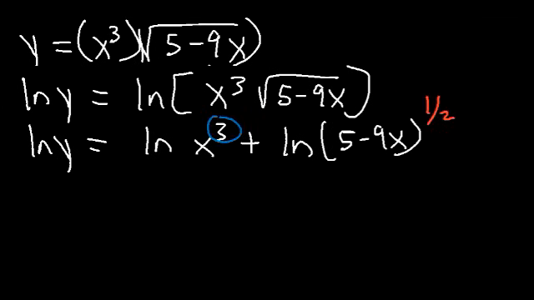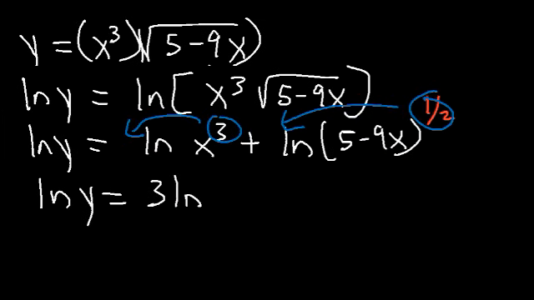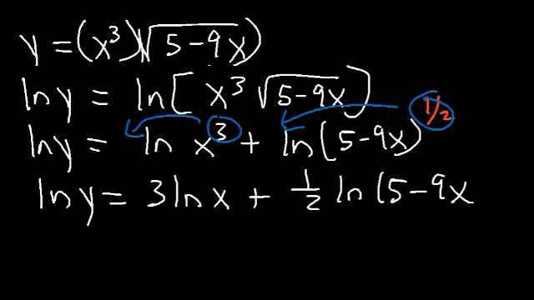So now let's take the exponents and move them to the front. So ln y is 3 ln x plus 1/2 ln of 5 minus 9x.